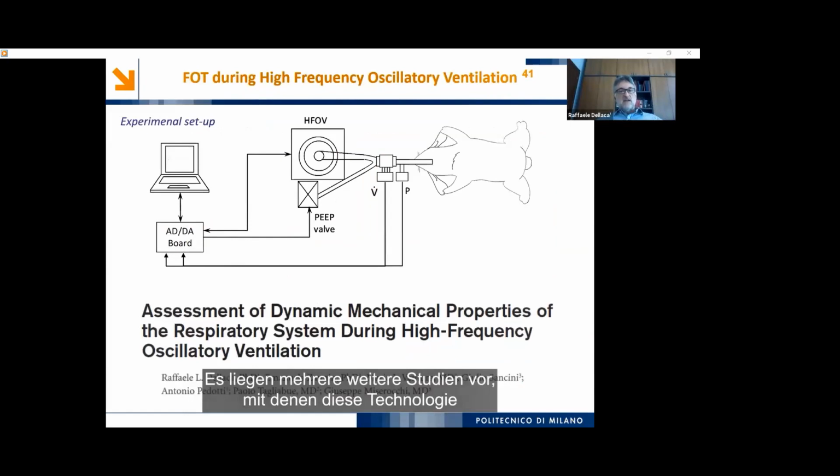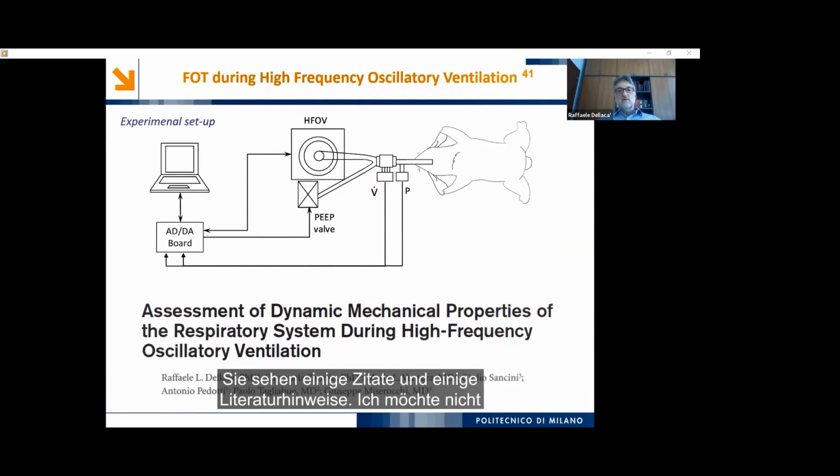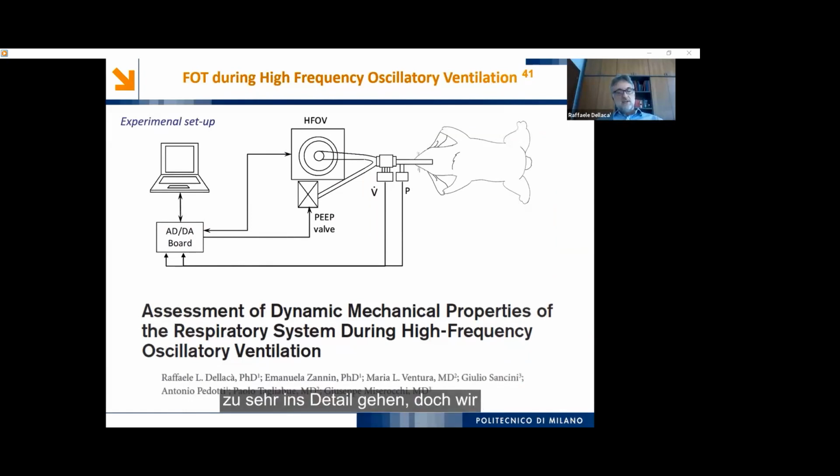We have several other studies that were used to further validate this technology. You can see some citations and some references. I don't want to get into too much detail, but we show that this technology is very accurate also when applied during HFO.